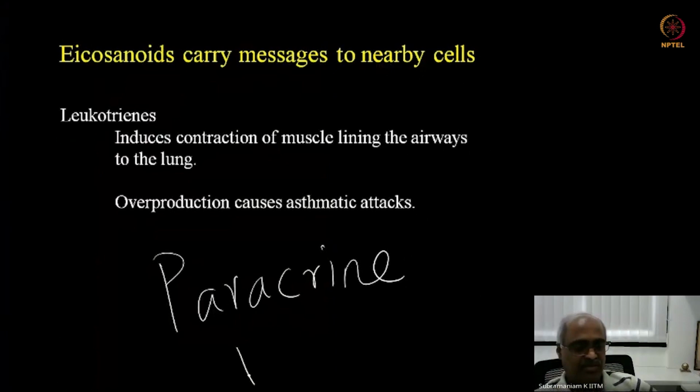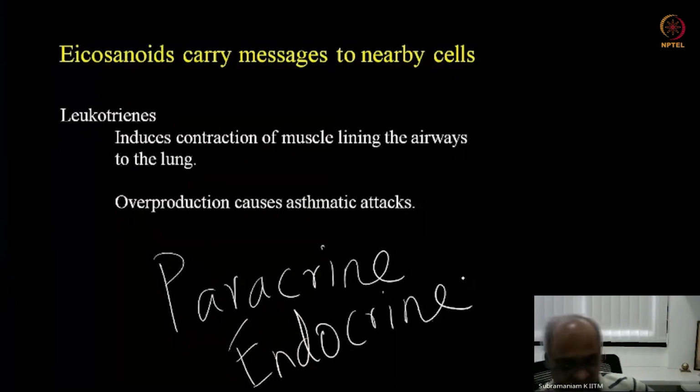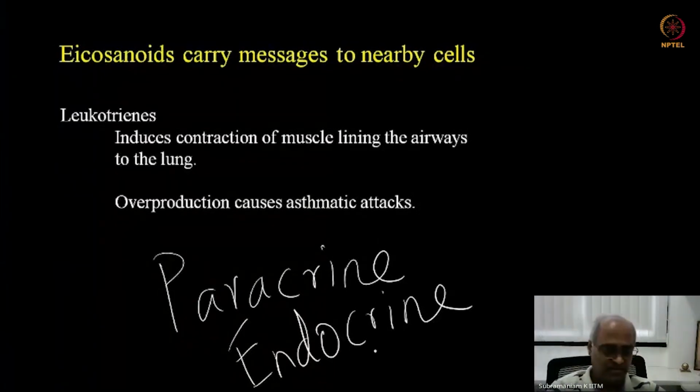So we will learn a little bit about insulin later, and otherwise we are not learning endocrinology as part of biochemistry. So the paracrine molecules work near the area where they are produced. So these eicosanoids are paracrine signals.